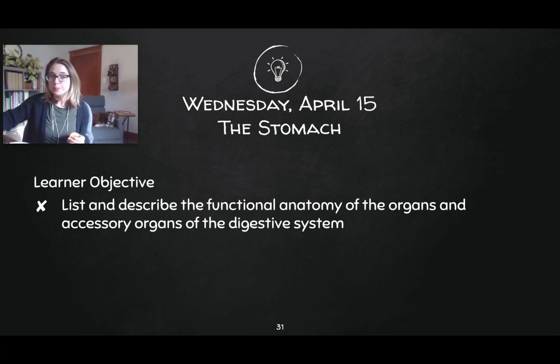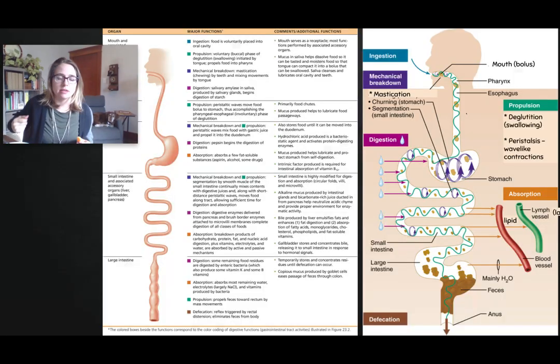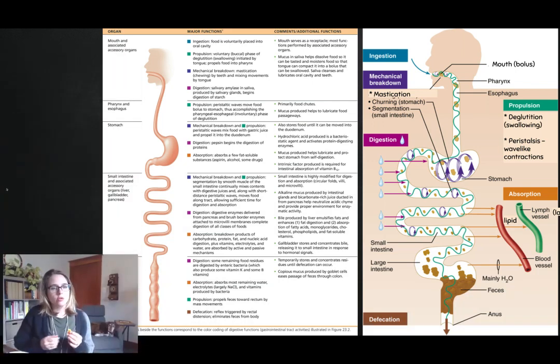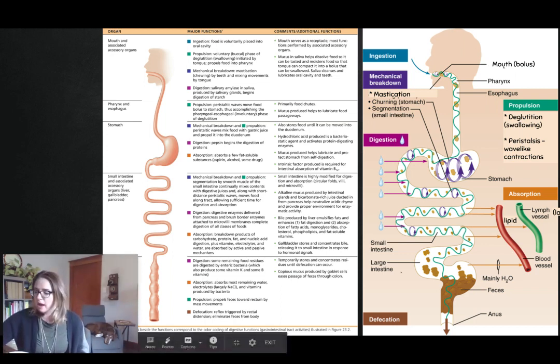All right, so we talked a lot about the stomach yesterday, but there's a few other things that I want to make sure that we go over when you get down for your homework assignment. So I wanted to include this picture again. I found this great graphic that shows all of the major functions. It's basically a word version of this colorful picture that we have here.